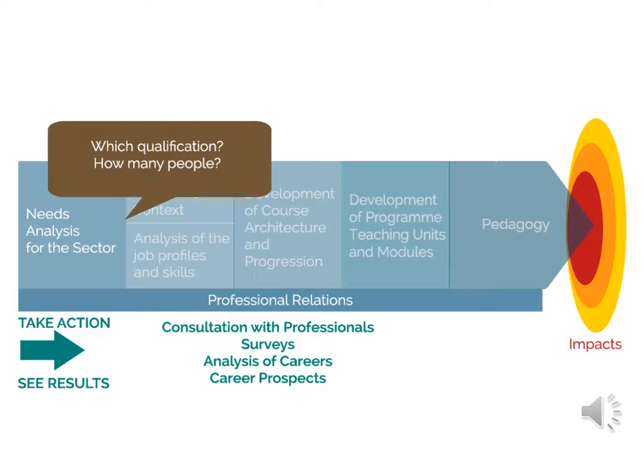This involves consultation with professionals, carrying out surveys, and a precise description of promotion prospects for the career paths concerned. This step will be described in the second sequence of this teaching unit.